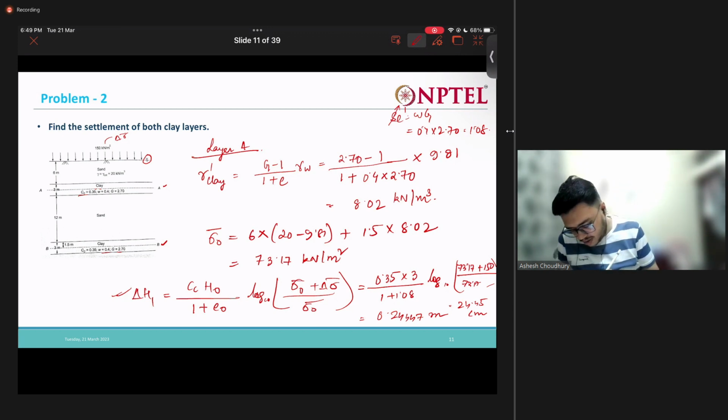So this much is the settlement of this clay layer A, the first layer.